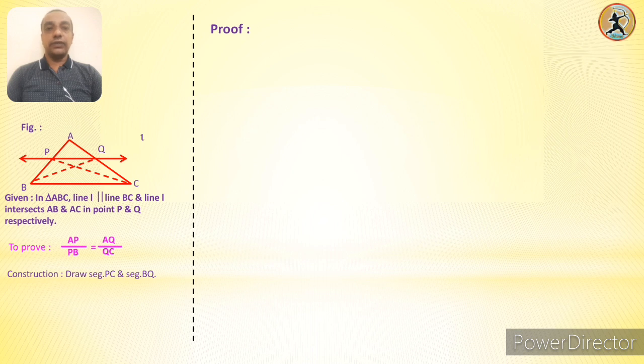Let us consider the left hand side of this equation, AP upon PB. Now look at the figure. Find out AP and PB are the parts of which two triangles? AP and PB are the parts of triangle APQ and triangle BPQ with common vertex Q. So we can say that these two triangles are based on the same baseline, that is AB, with common vertex Q, meaning both the triangles have equal heights.